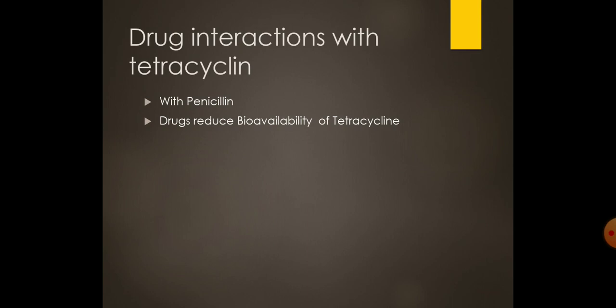There are some drugs which have a chelation property, like the tetracyclines. If tetracycline is prescribed with antacids and iron preparations, we will see that tetracyclines chelate aluminum, calcium, or magnesium compounds, or even the iron salts present in the iron preparations, producing an insoluble chelate complex, and that will reduce absorption of tetracycline.